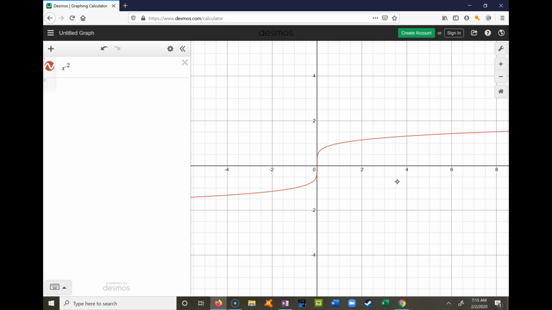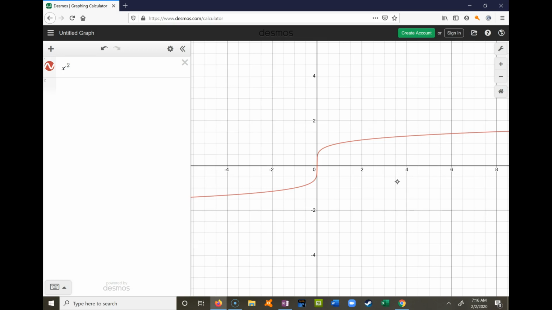So anything that's an odd root is going to have a flip on both sides, and anything that's an even root is just going to have a one swish sort of thing.